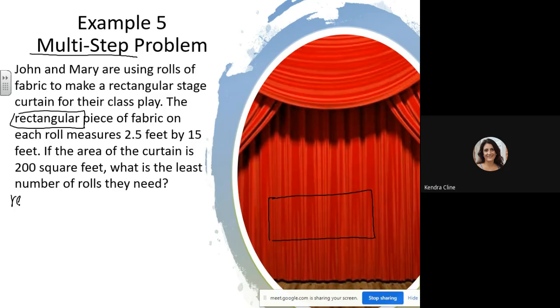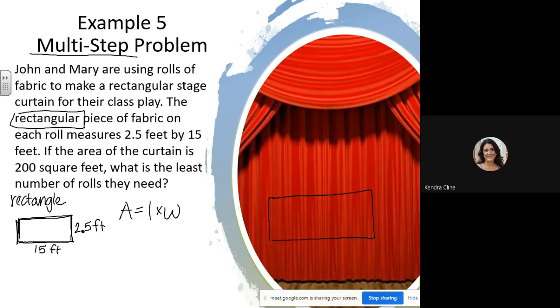First of all, we're going to write down what shape we're working with. We're working with a rectangle. So I'm going to draw my rectangle. I know when I roll it out, it's going to be 15 feet long and 2.5 feet tall. Okay. So what I'm going to do is I'm going to write my area formula for a rectangle, length times width. And I am going to find the area of that roll of fabric.